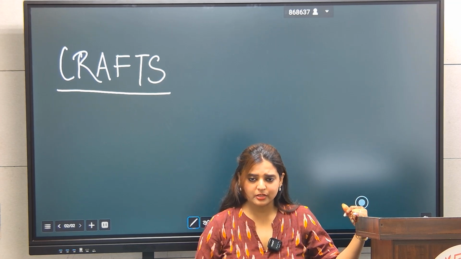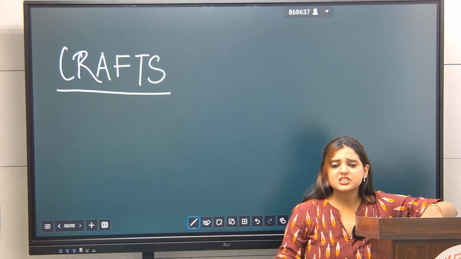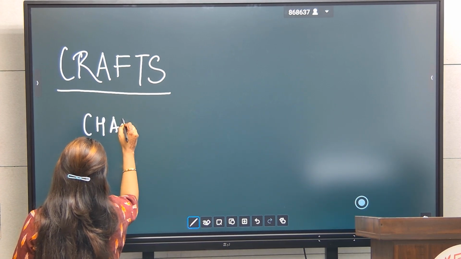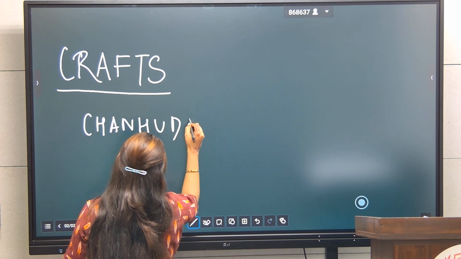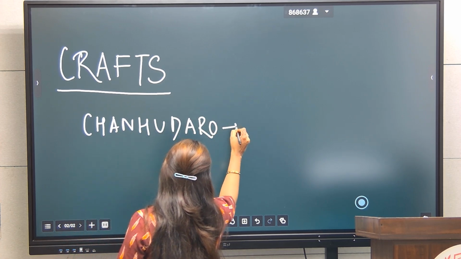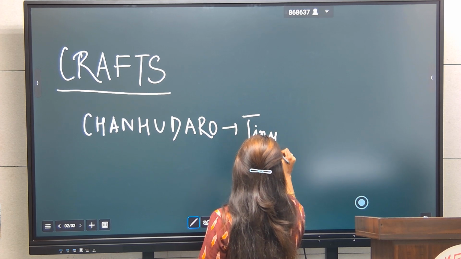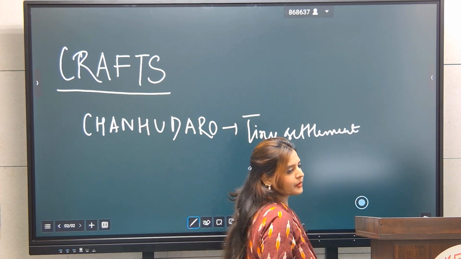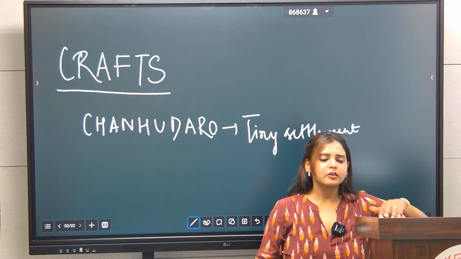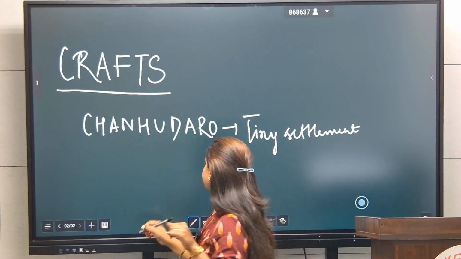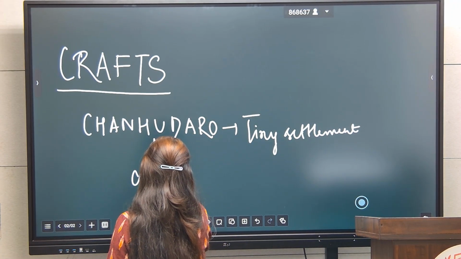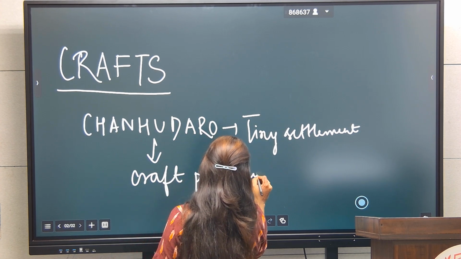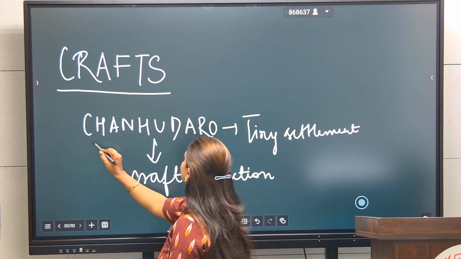Chanu Daro was a tiny settlement which was exclusively dedicated to craft production.